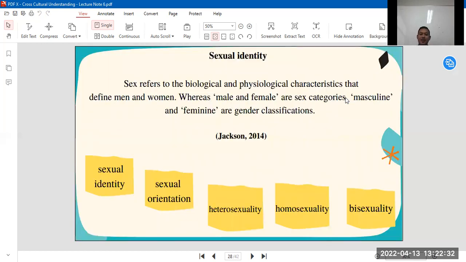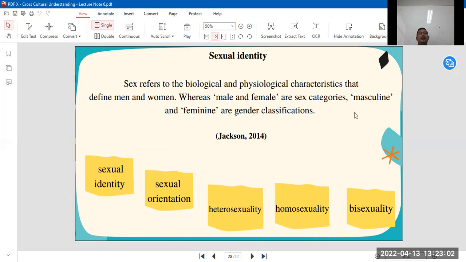The other is the sexual identity. It refers to the biological and psychological characteristics that define men and women, whereas male and female are sex categories, and masculine and feminine are gender classifications. Some sexual orientations become the identity.